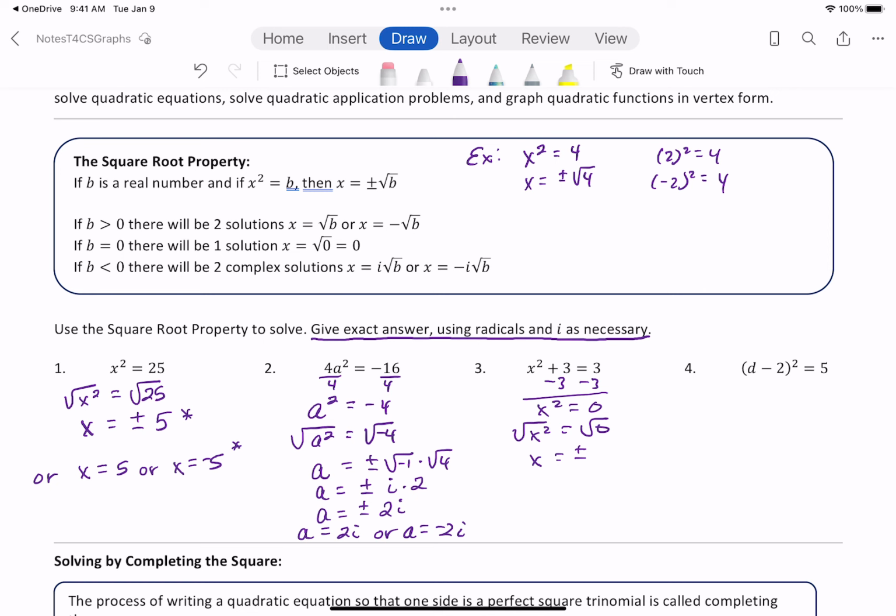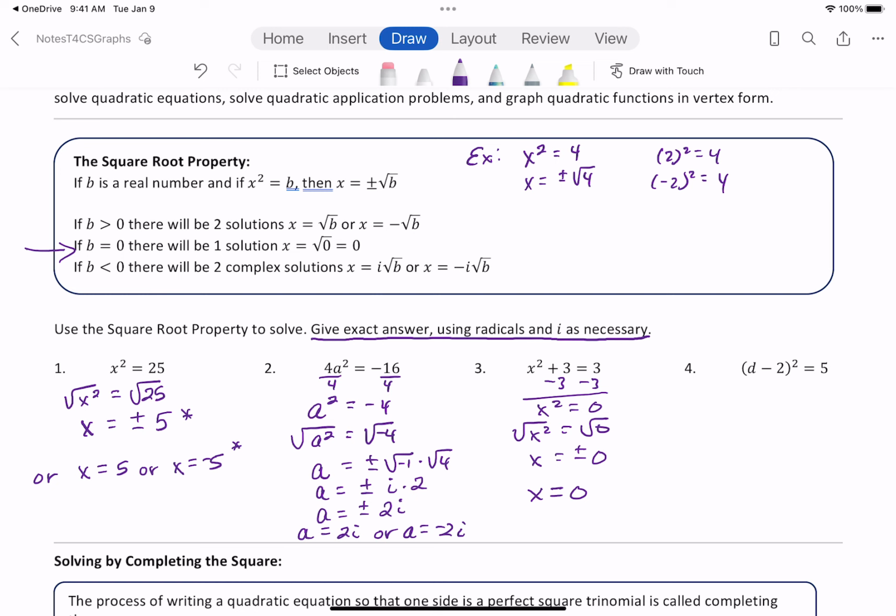We pick up a plus or minus, and the square root of 0 is 0. So it looks like two solutions with plus or minus like the other two, but we know there's no such thing as a positive 0 and a negative 0. 0 is 0, right? So this one, the solution is just x equal to 0, and that's that middle one up here in the box, okay?